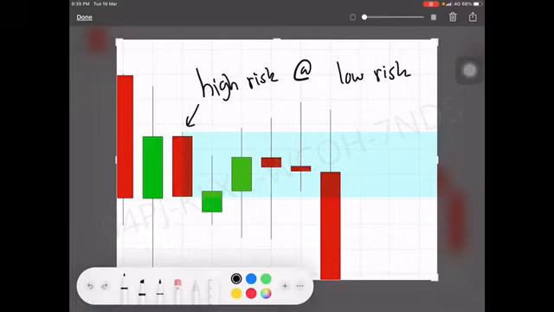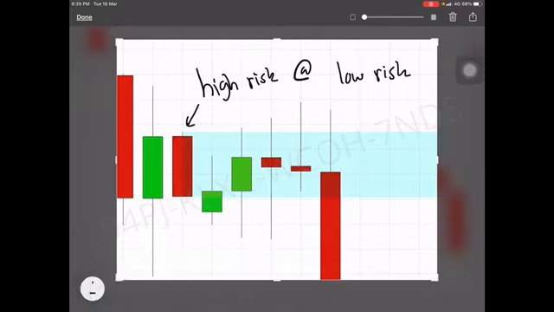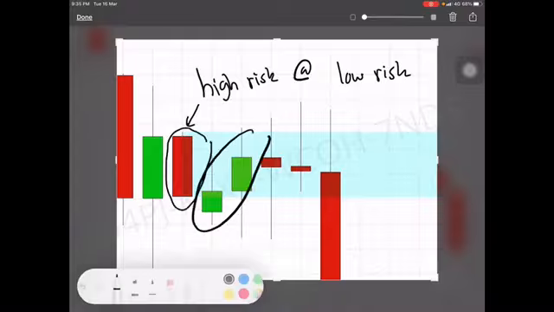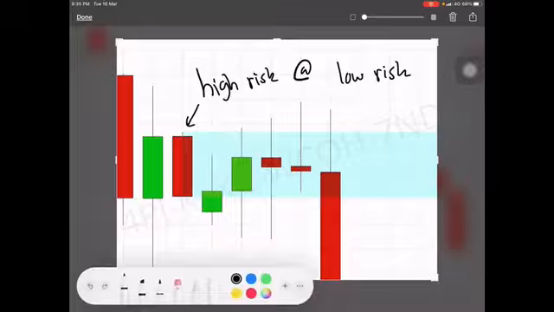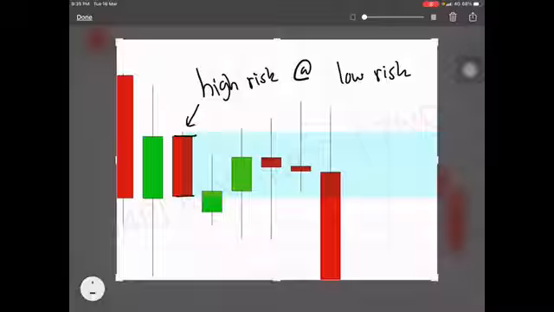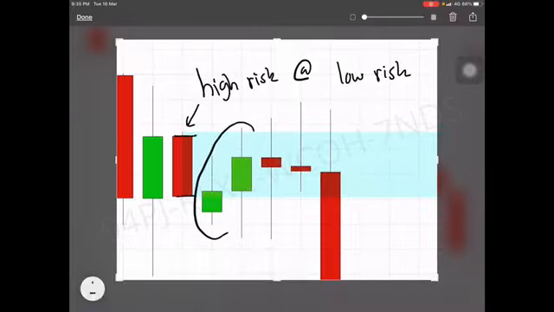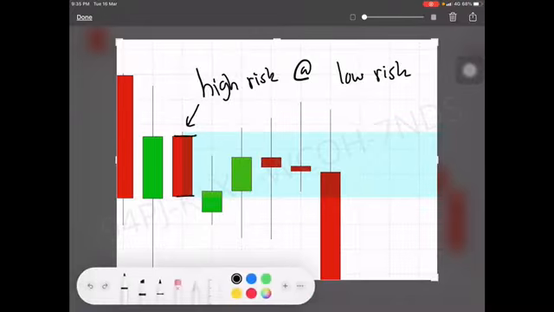Nope, this is actually a low risk. Do you see that this has been fully consumed by these two? Has this body been consumed by these two? Is it fully consumed? Yes, it has.